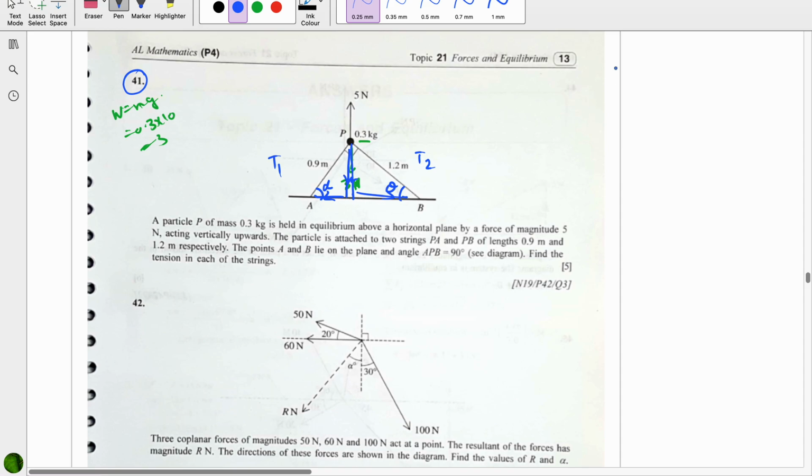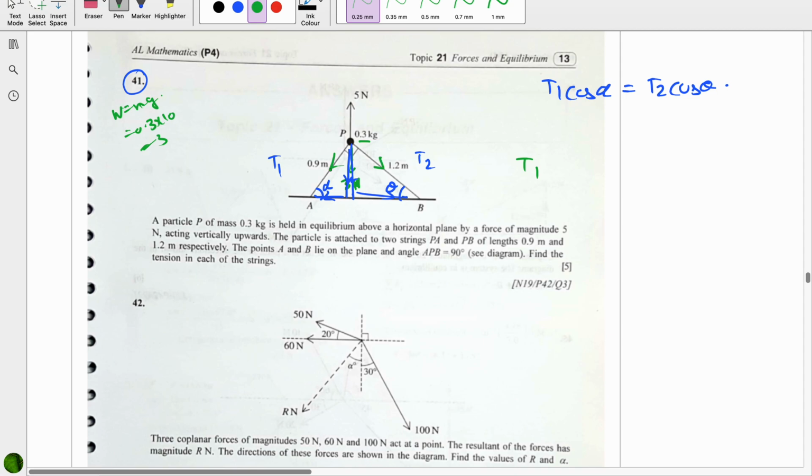we can say that T1 cos alpha is equal to T2 cos theta, right? And on the other side, when we resolve them vertically, I can say T1, which should be downwards.